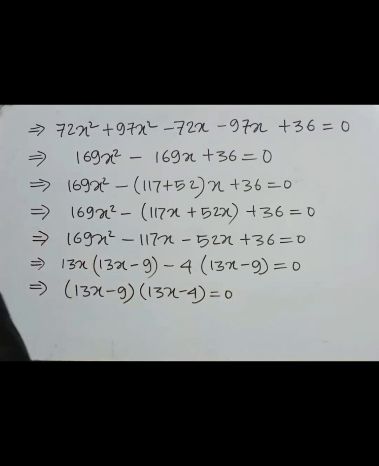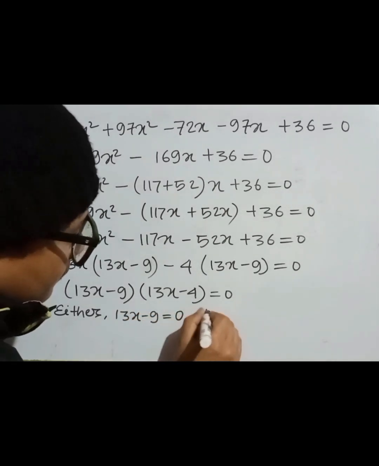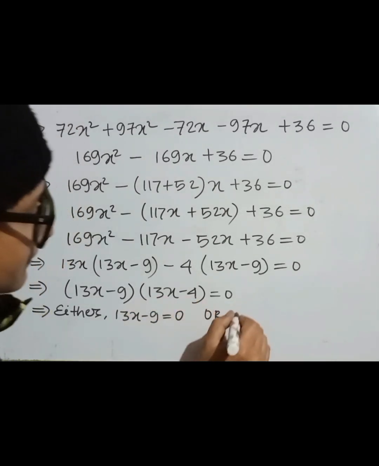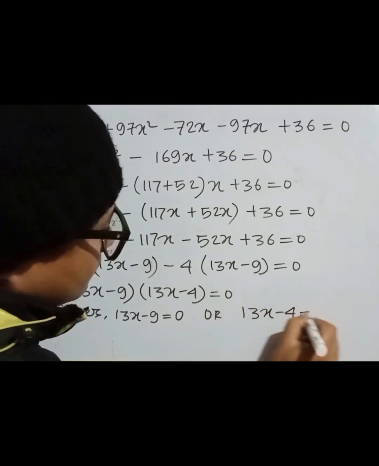Now the given expression is factorized into two factors. So according to zero product rule, either of these two expressions is 0. Either 13x minus 9 is equal to 0, or the second expression 13x minus 4 is equal to 0.